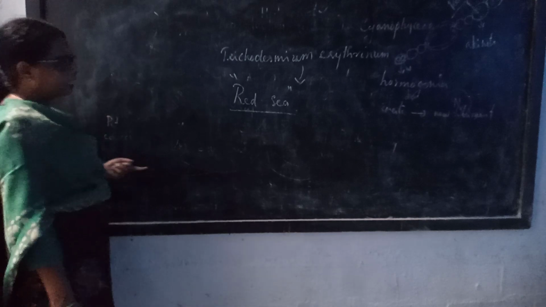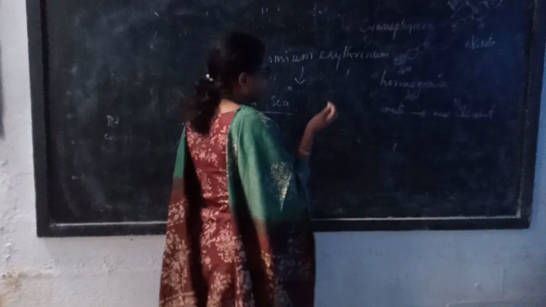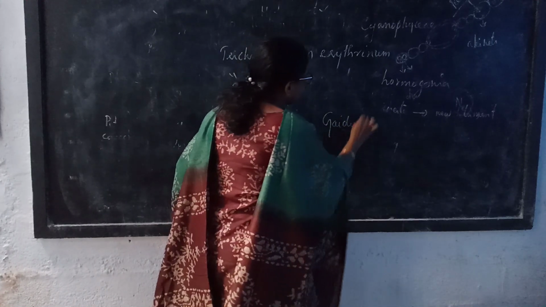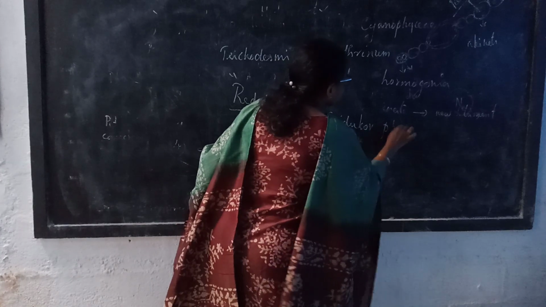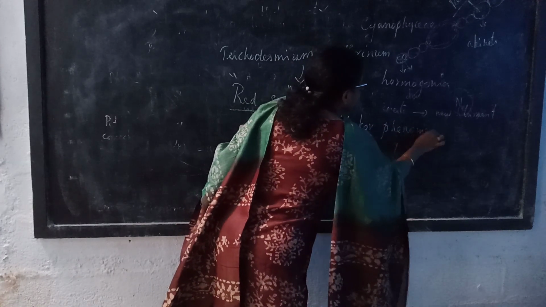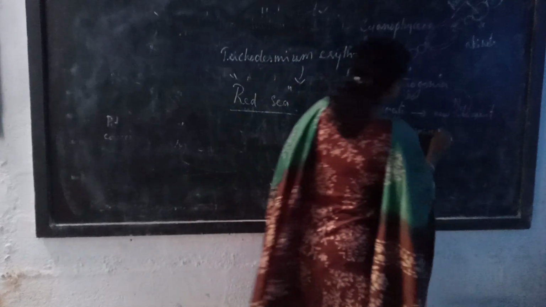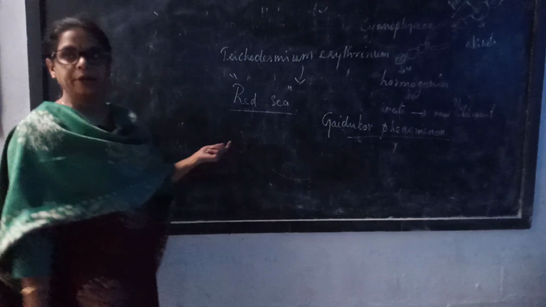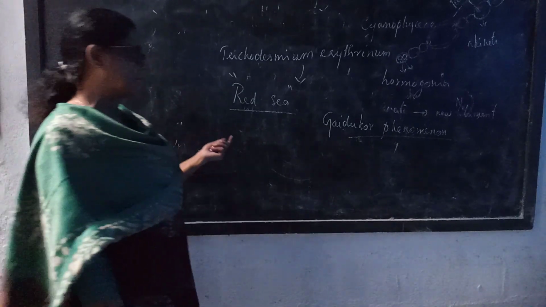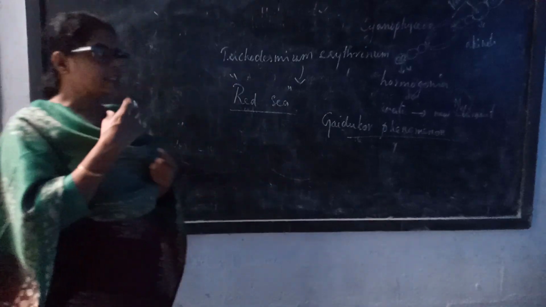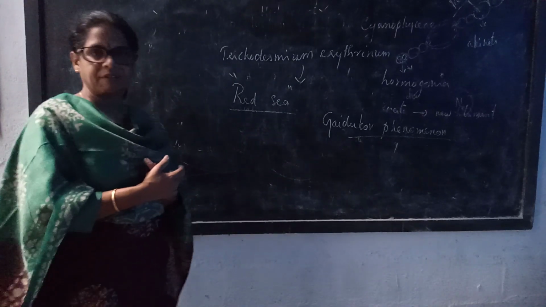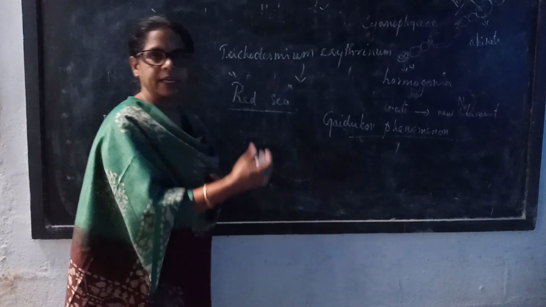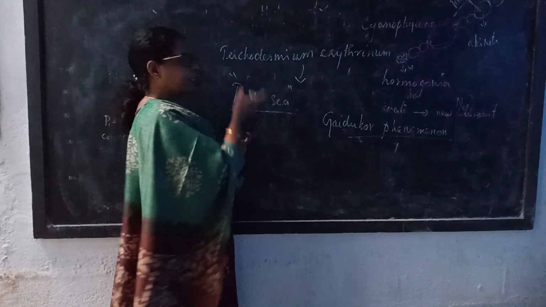Then another phenomenon related with these blue-green algae is the Gaidukov phenomenon. Now what is the Gaidukov phenomenon? It means, see, when they receive radiation of a particular wavelength, in the visible spectrum, the long waves are red in color, the short waves blue, so it is split into different colors.